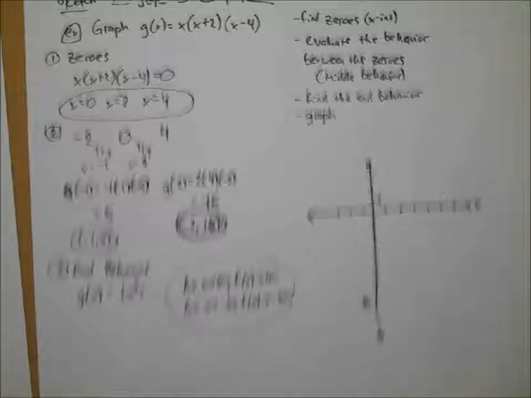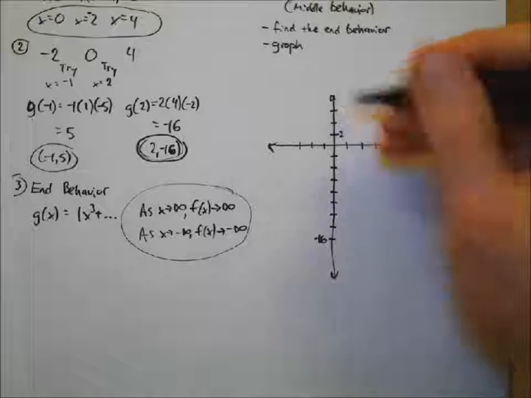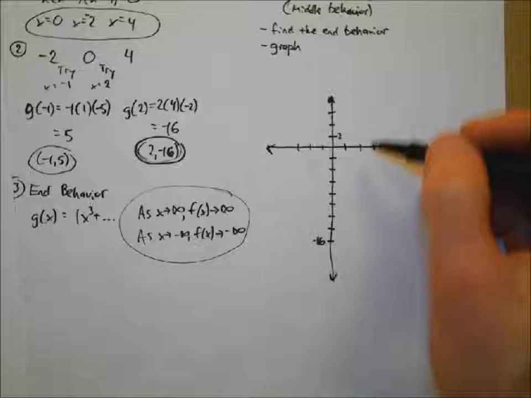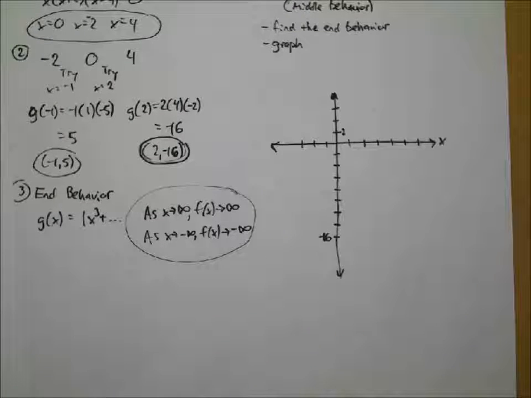You don't need to label every single tick mark if you don't want to, but at least label enough so that I can see what you're counting by. So here I put a little 2 just to show that I'm counting by 2s. And then I didn't label that because I'm counting by 1s. If you don't put a label, I'm assuming you're counting by 1s. Okay? So question, yes. Go for it.